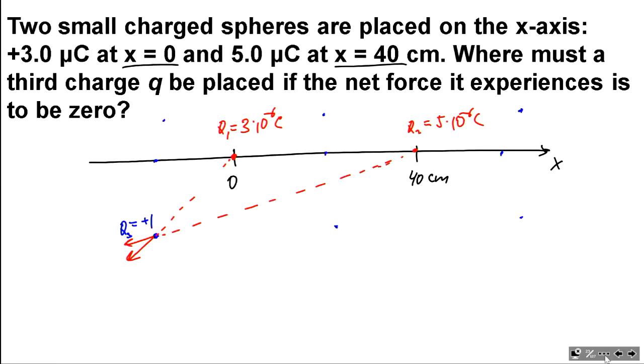So these 2 arrows represent individual forces. If we add them up using the tail-to-head rule or parallelogram, this will be the net force. Is it 0? No. So, wrong choice. And now we move on to the next. This is what you should do at home to practice. And now I want to check this point.